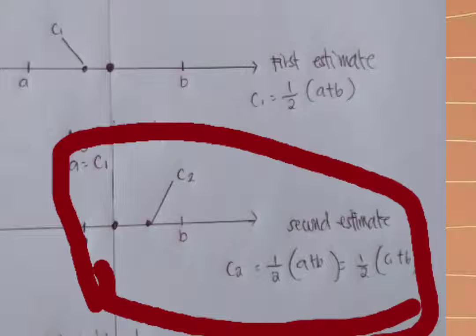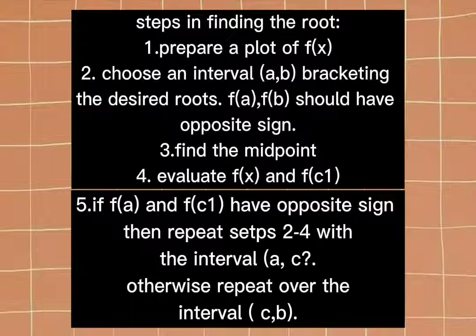So we have 2 intervals: the first is f of A and f of C1, and the second is f of C1 and f of B. Following the principle of the bracketing method, we have to use the second interval, which has opposite signs: f of C1 is negative and f of B is positive. To find the second estimate, we have the formula C2, the second estimate, equal to 1/2 times the quantity C1 plus B. So we've located our second estimate.